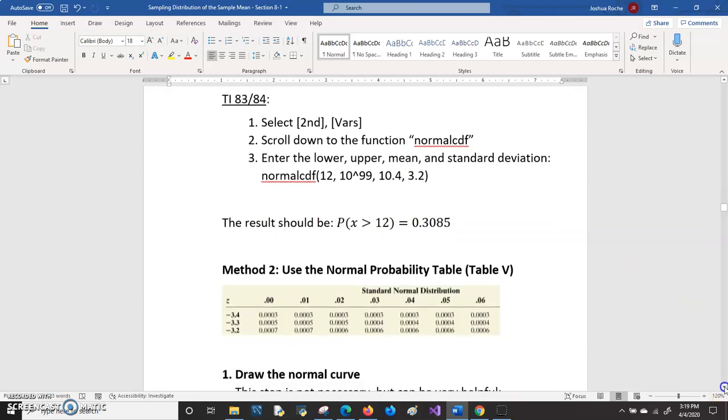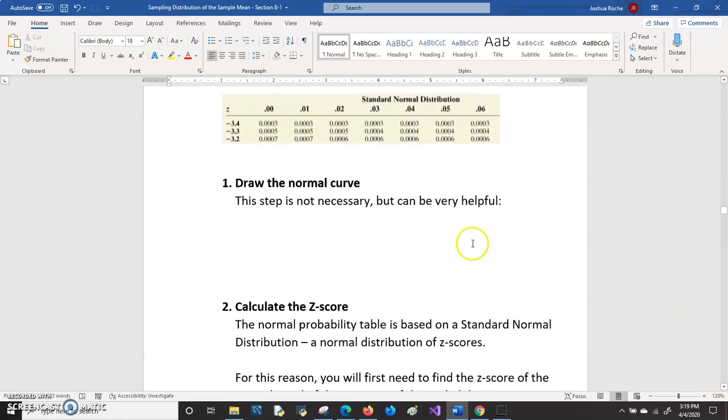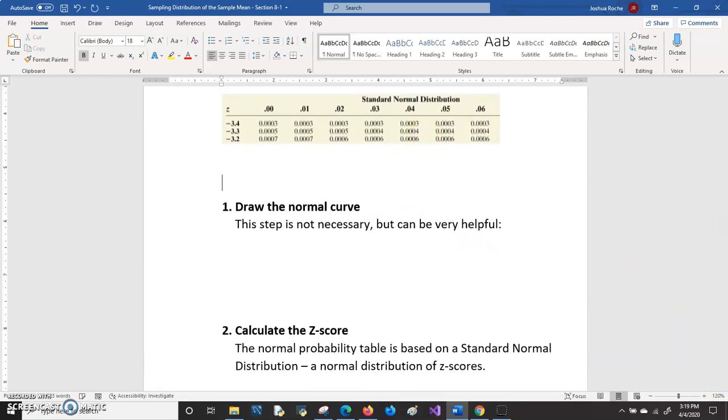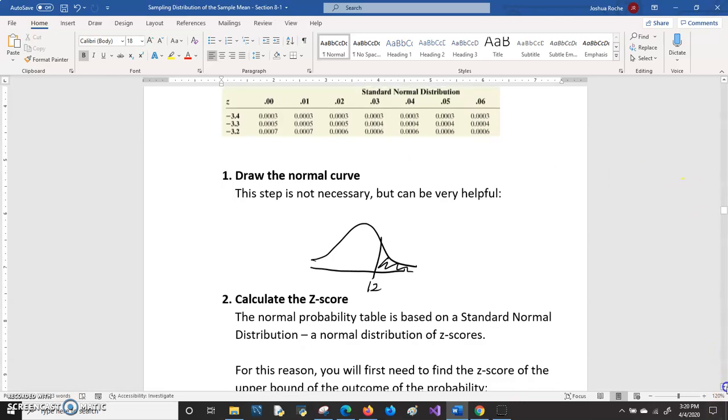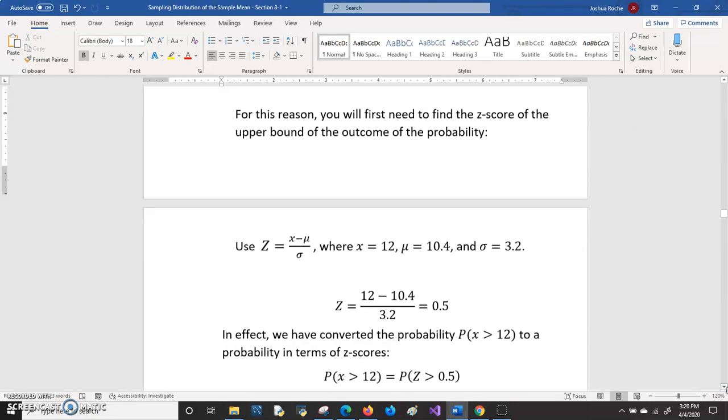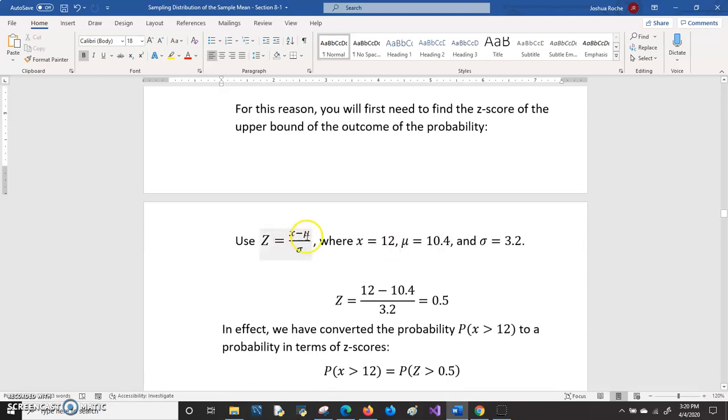The other way to work this out is using a table. First step, it never hurts to draw out a normal curve. Calculate the z-score. Since this is not involving a sample mean or a sample, it's just that old z-score formula from chapter 7.